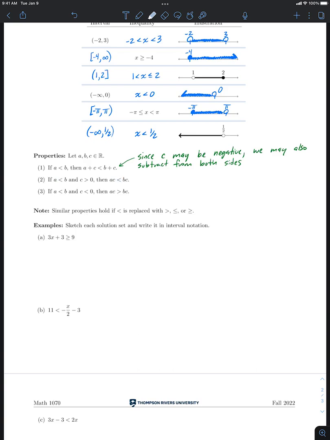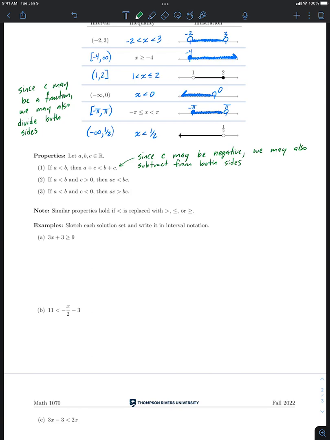Okay, so I'm going to add another comment here. Since C may be a fraction, we may also divide both sides.